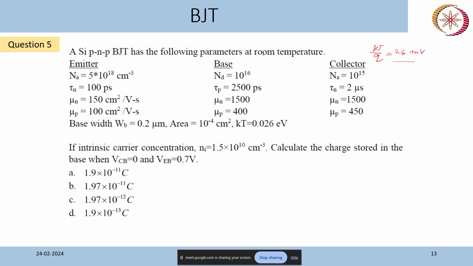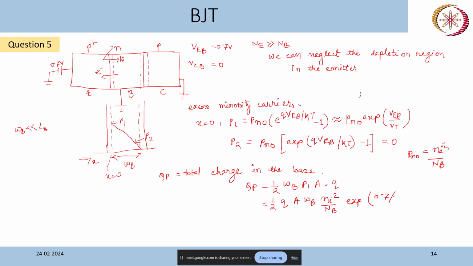Okay, KT is 26 milli electron volt, so VT will be 26 millivolt. Okay, so this is 0.026. What are the values? Q is 1.6 into 10 to the power minus 19.